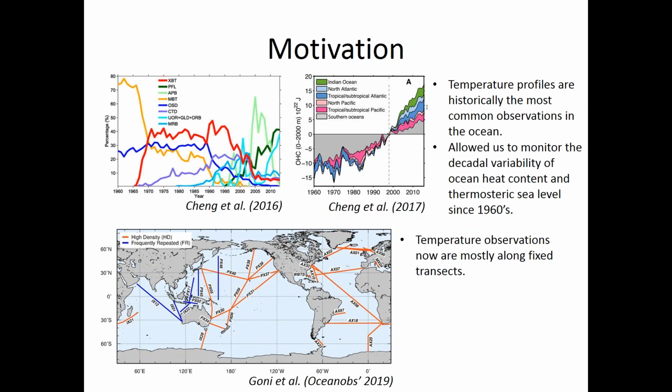And thanks to these temperature observations, we are able to draw what the ocean heat content and the ocean heat uptake have been doing since the 1960s for different basins.